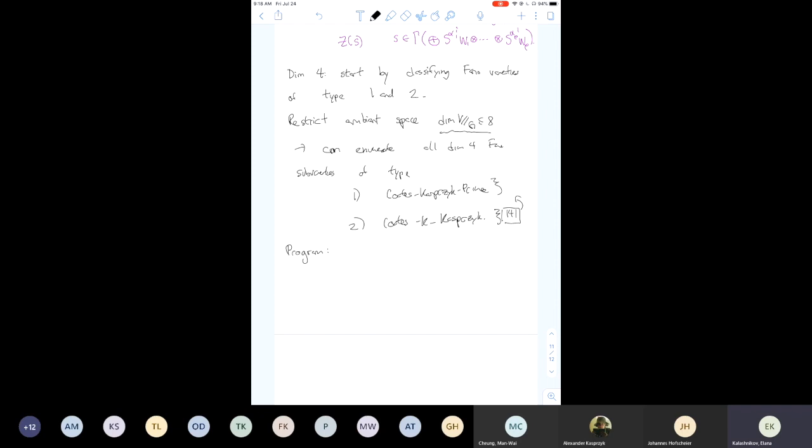So there's a program of a lot of mathematicians, including Al, but Corti, Coates, Galkin, Golyshev, Kasprzyk, Tveiten, and others, which is to use mirror symmetry to classify Fano varieties.